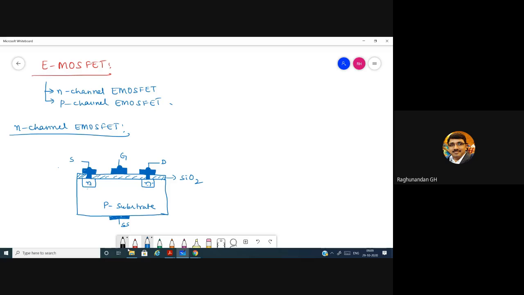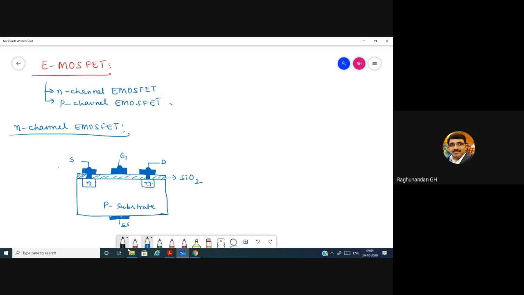The process of growing or creating a channel by biasing is known as enhancement. So what we are going to do now is concentrate the electrons in this particular region and create a channel. In the last case, we were saying N channel.